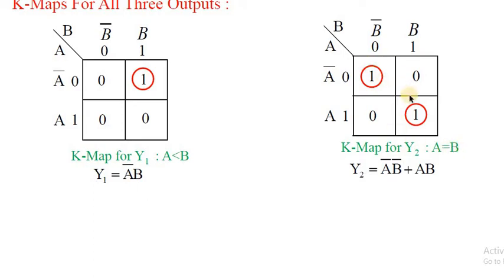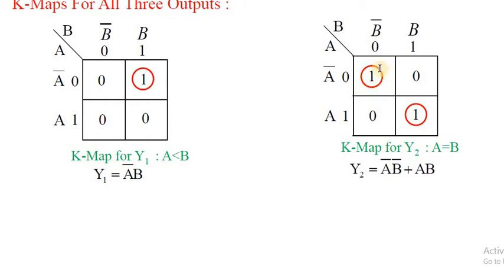When we consider y2, 0 0 and 1 1 are 1 in the truth table for y2, therefore the value of this group, this is a single bit. We know that in a K-map, if a single bit is present then we can make the grouping. Here a double bit we can make the grouping, which must be adjacent, not diagonal. If suppose this is a single bit, this is another single bit, here a single group, here one more group of a single bit.